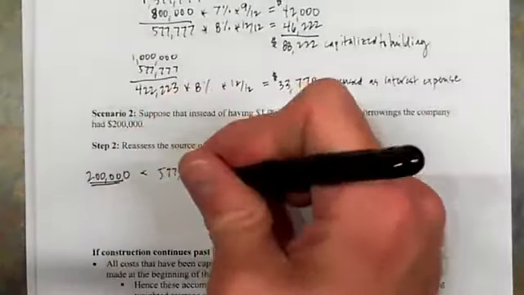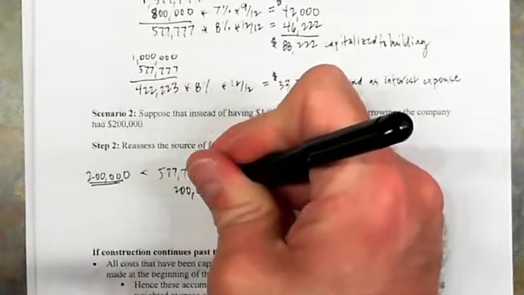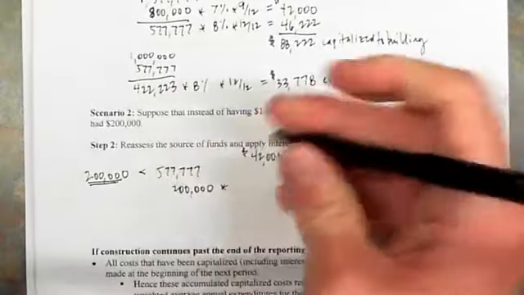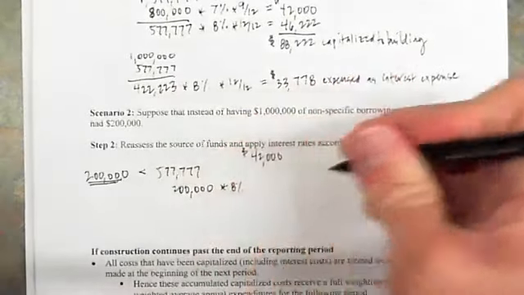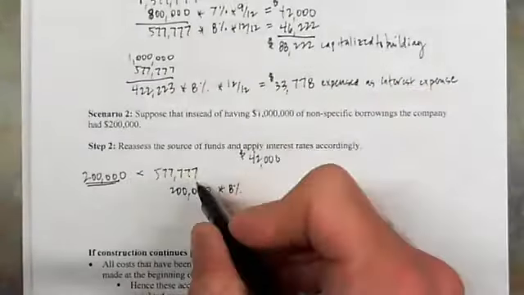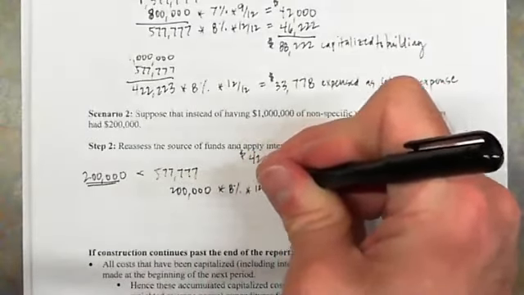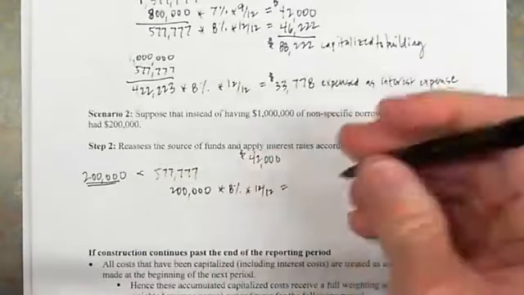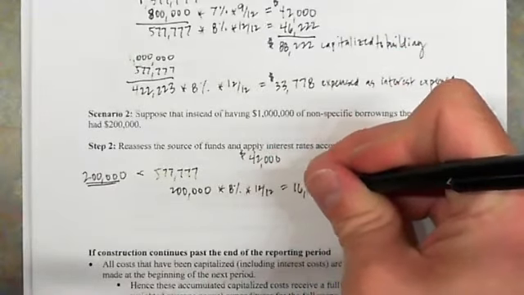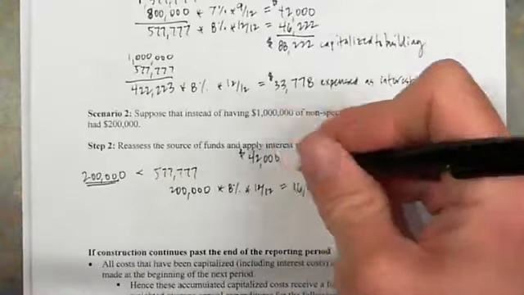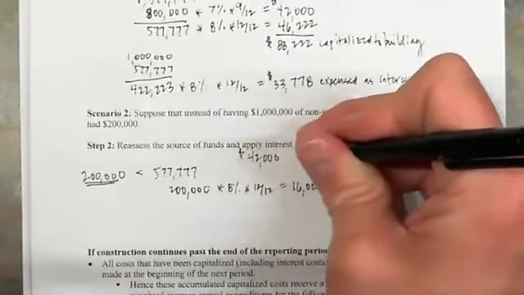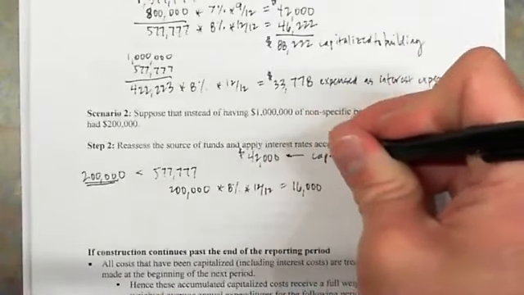So that's the amount that I would apply capitalization to. I would be able to capitalize the full amount, obviously, because I have far greater weighted average expenditures than principal, and it's been outstanding for the entire year. So that would just result in 16,000, and that would then be capitalized interest.